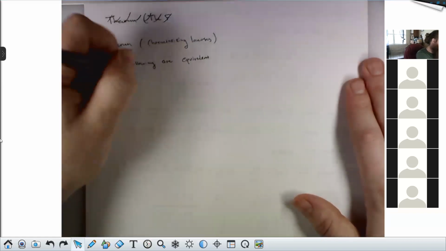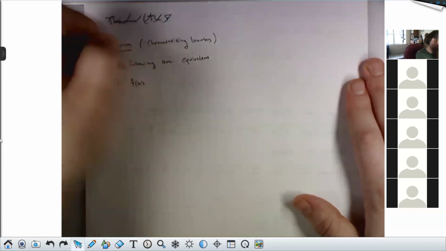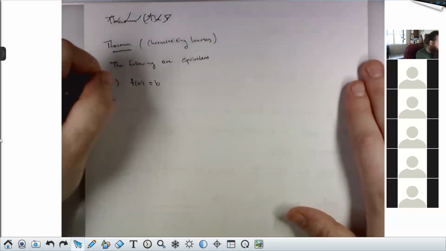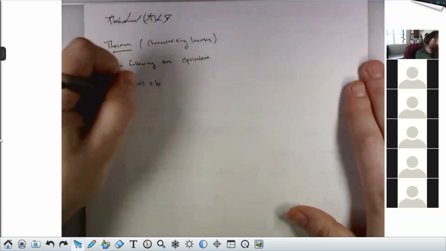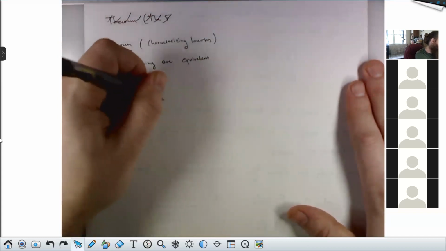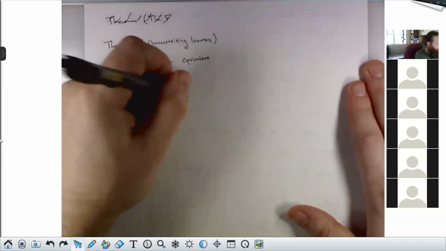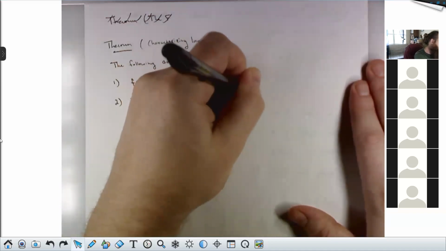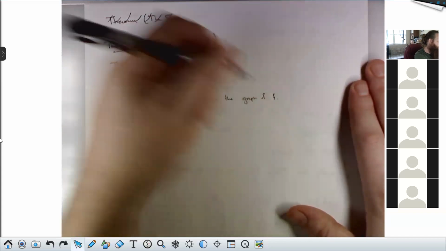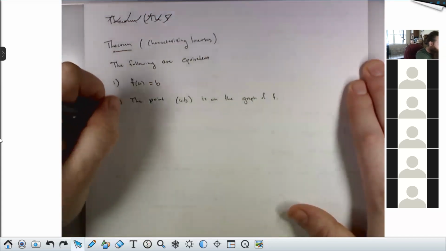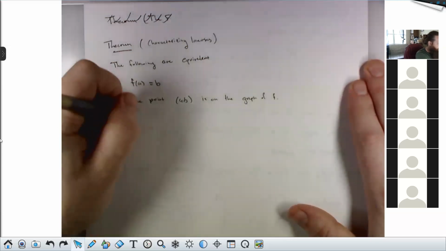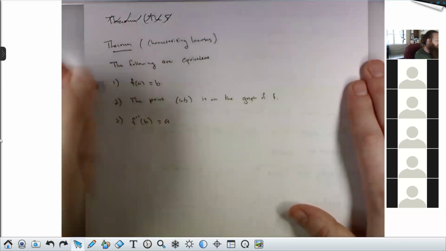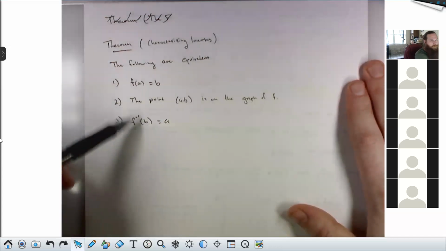1. F of A is equal to B is equivalent to saying 2, the point A comma B is on the graph of F. Which is equivalent to saying F inverse of B is equal to A. I think it's pretty clear that these two are equivalent.